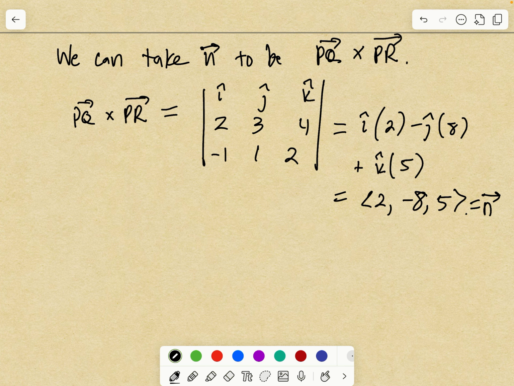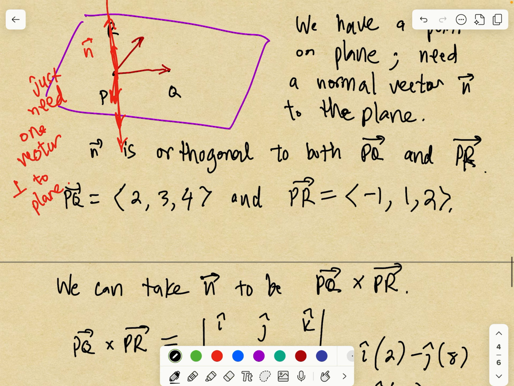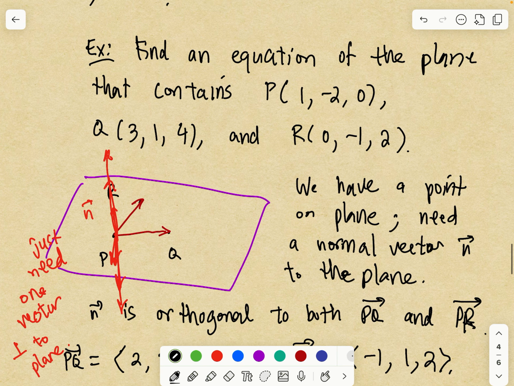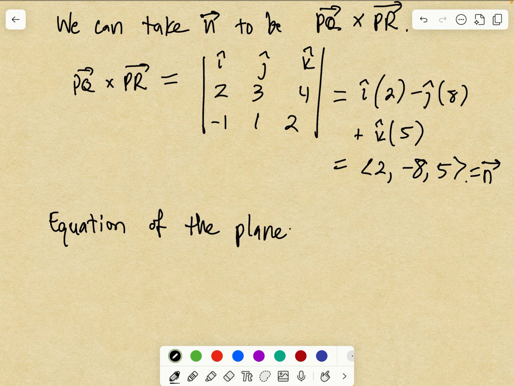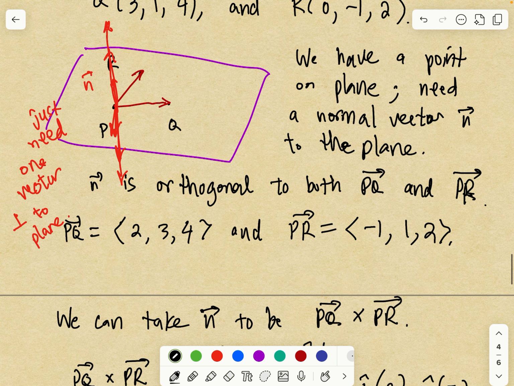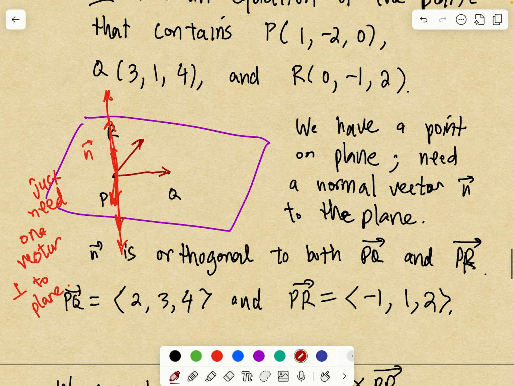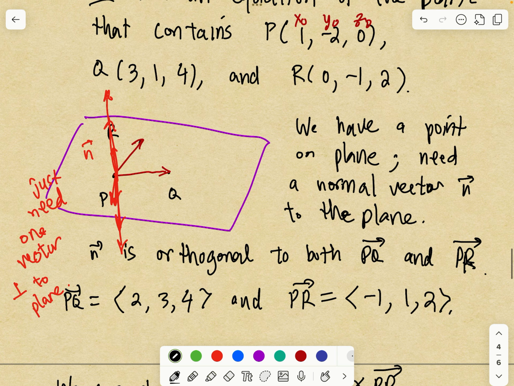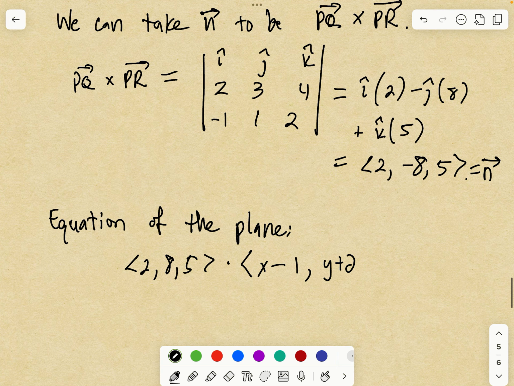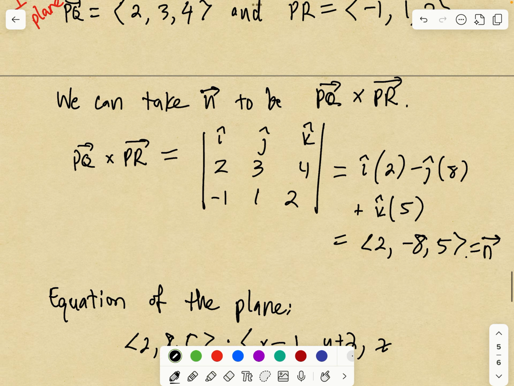Okay, that's our n. And we have a point. We can use any point we want that's on the plane, so why not just use P, (1, -2, 0). So the equation of the plane that we want is (2, -8, 5) dot (x minus, again we can use our P as our x naught, y naught, z naught), so x minus 1, comma, y minus negative 2, that's y plus 2, comma, z minus 0 is z.